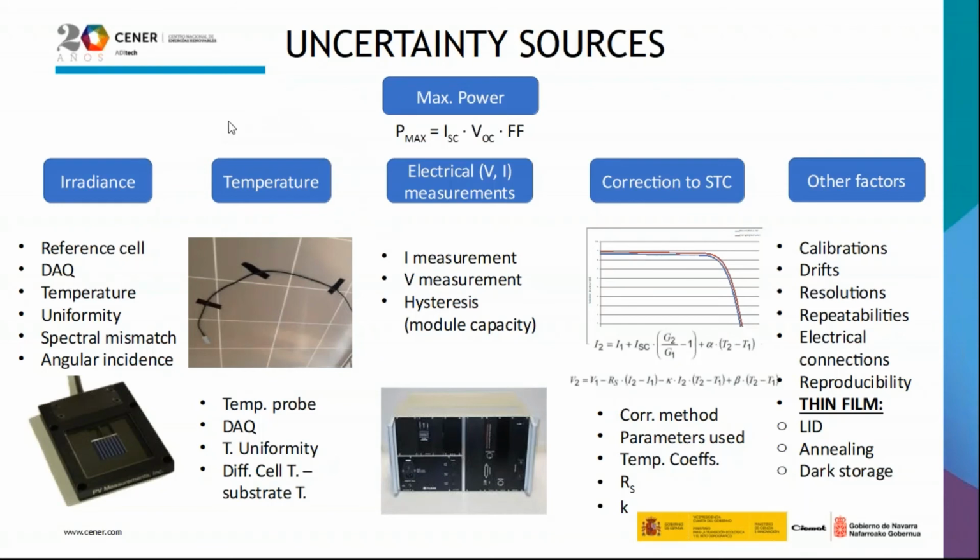You can have some uncertainty sources related to the temperature: the temperature probe, for example, and the data acquisition that is going to read the output. There is temperature uniformity in the module, and especially for outdoor measurements, there is a difference between the cell temperature and the substrate temperature, which is where you actually do the measurement.